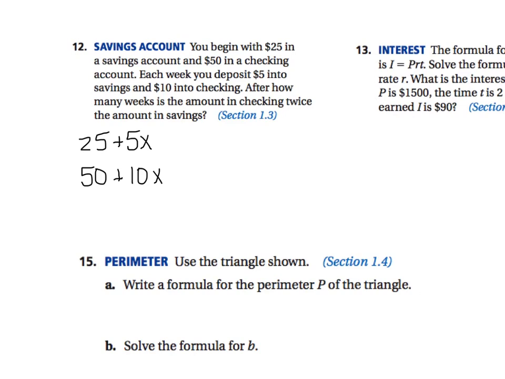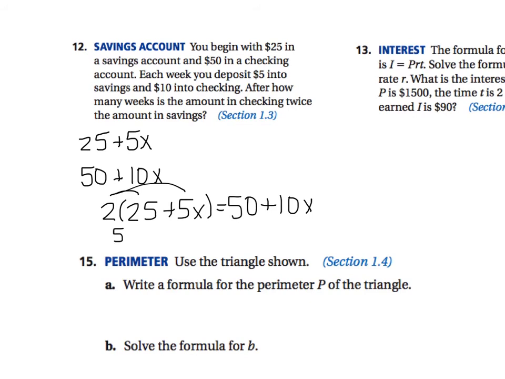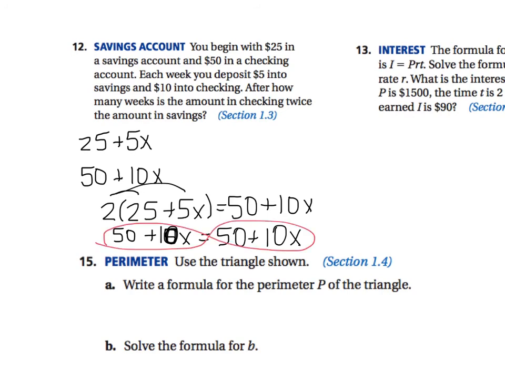So we want to know, when does 2 times the savings equal the checking? When we distribute, we end up getting 50 plus 10x equals 50 plus 10x. And you'll notice that they're both the same, which means that the checking is always twice the savings.